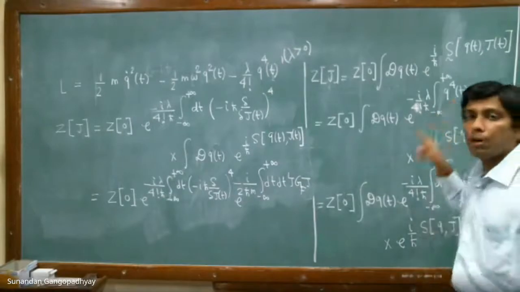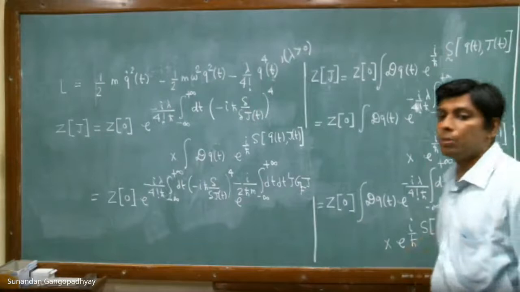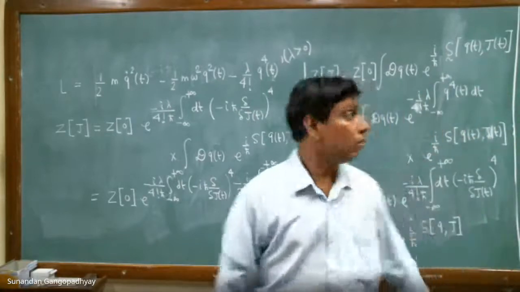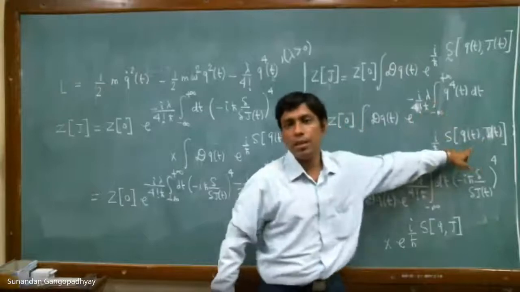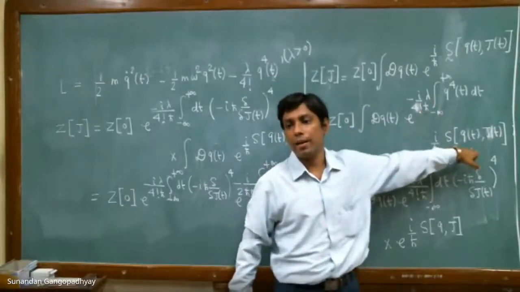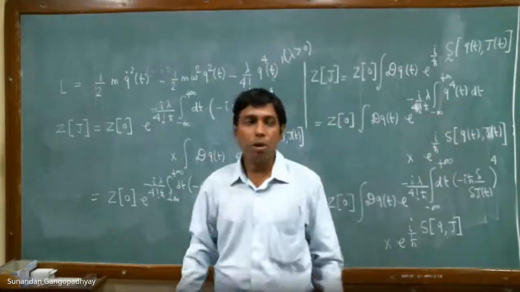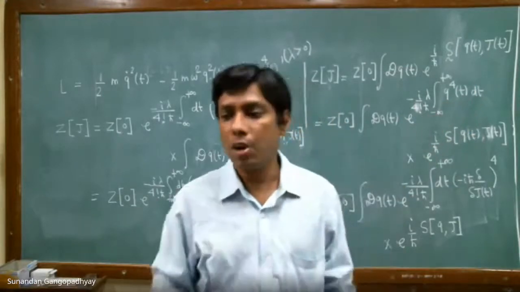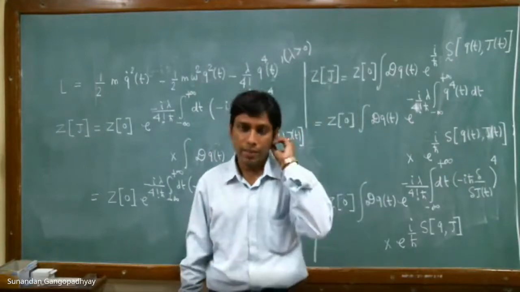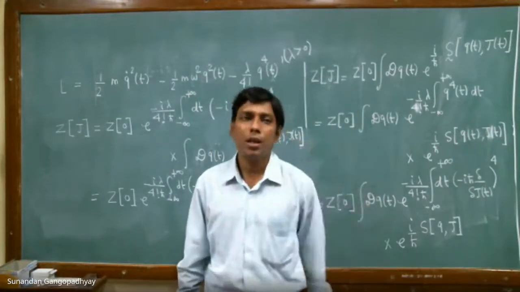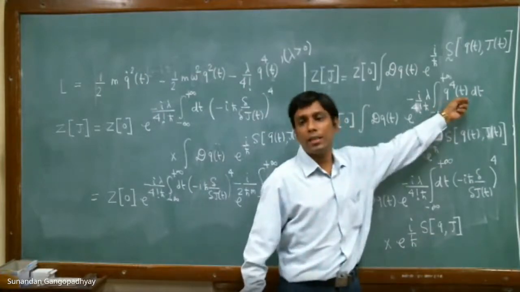You have a q to the power of 4, right? Look at this step. So you have a q to the power of 4. This functional integral has a q squared term, but this is q to the power of 4. And I have told you that you can only do Gaussian functional integrals exactly, just as you can do Gaussian integrals exactly. But this term spoils that property.